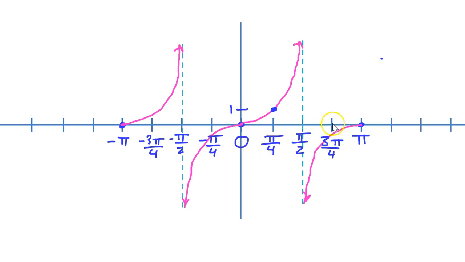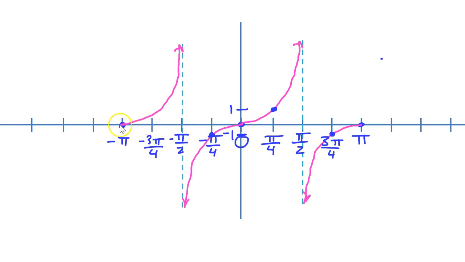Now similarly, right here, halfway between the asymptote and the intercept, I have a point right here. That should occur at -1. And that's going to repeat for all periods of the function. So again, here I am halfway in between the asymptote and the intercept, so this point right here should be at -1.